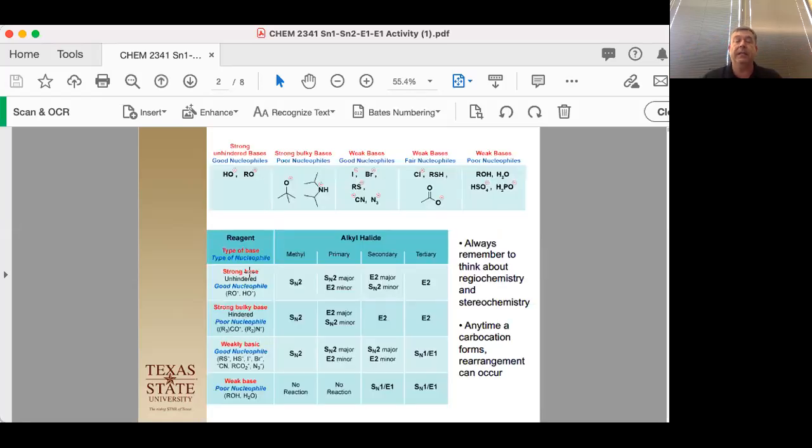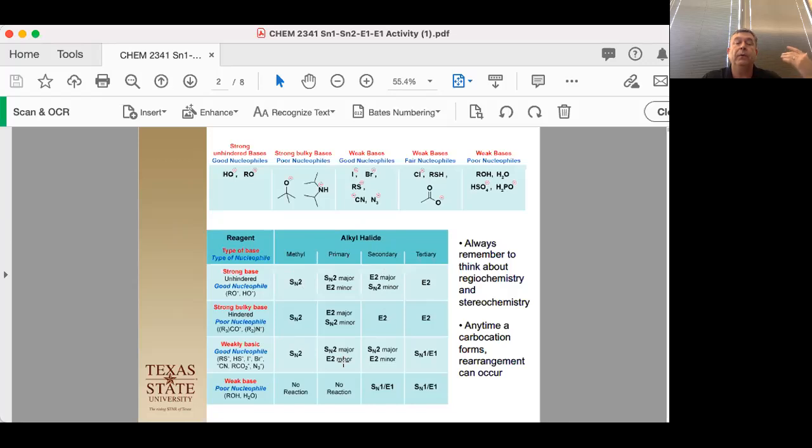I also gave you this table here. This is something you need to know and understand. For those who like to memorize, fine, but for those who don't, look at the general trends. Is it polarizable? Is it bulky? And then don't forget the role of the nature of the alkyl halide. Methyls can't do elimination reactions.